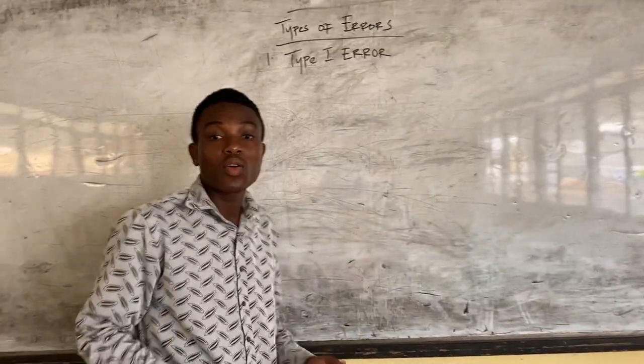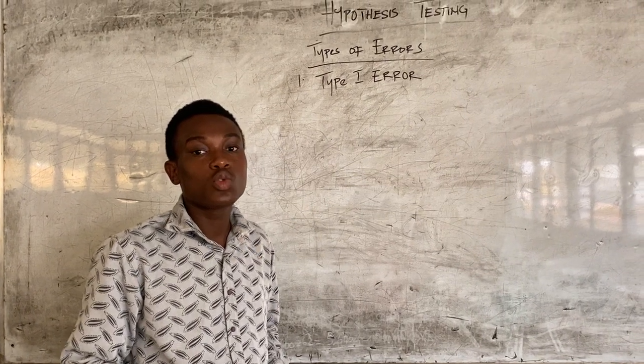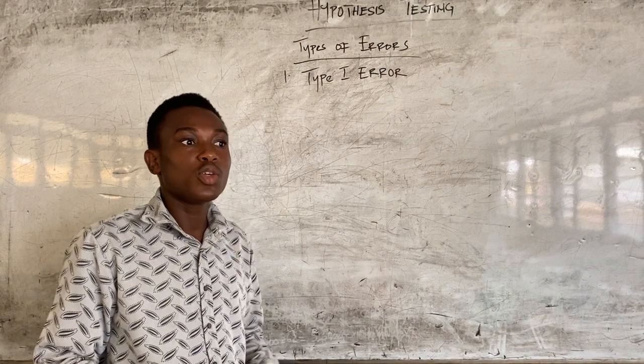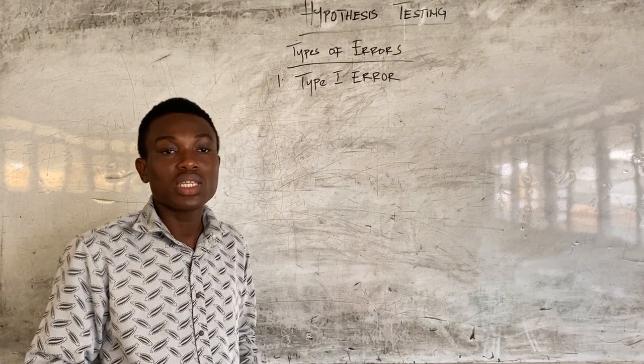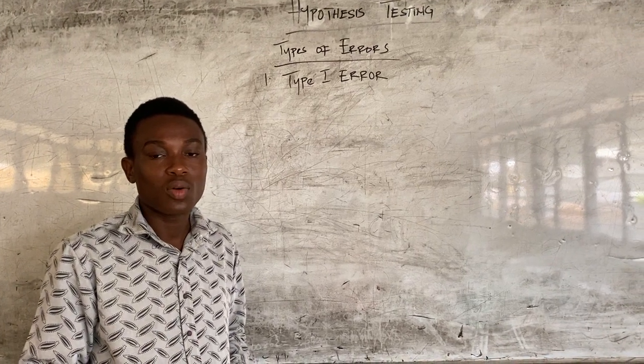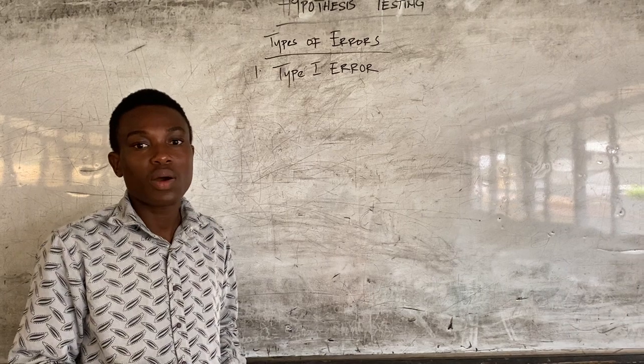A type 1 error is committed when a null hypothesis is true, but then is rejected. So when you reject a null hypothesis when it is true, then that act is known as a type 1 error. So type 1 error is rejecting a true null hypothesis.